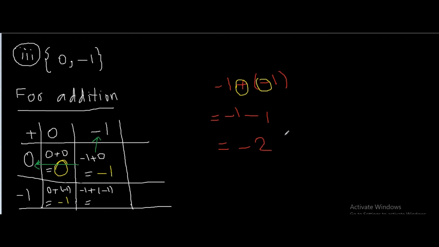Therefore your result is -2 for this box, and you will be writing -2 in this box.